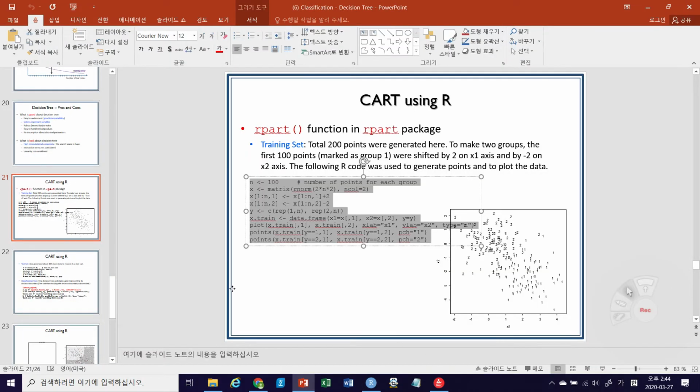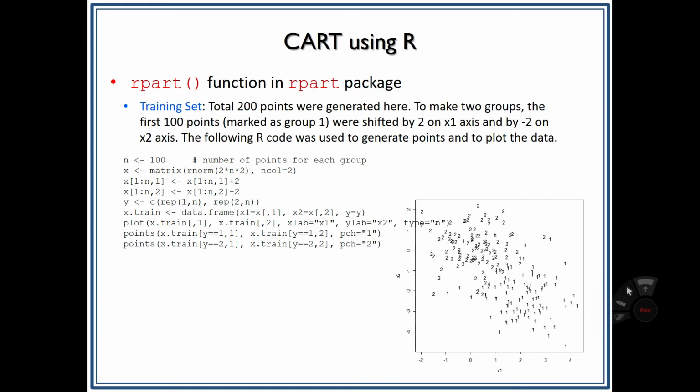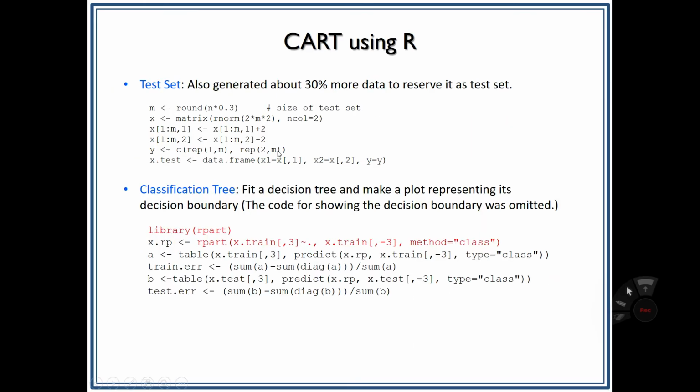Okay, so this code generates an artificial data set, and in the same way we can also generate the test set. This one just specifies the number of test objects, and the R code is the same as before.